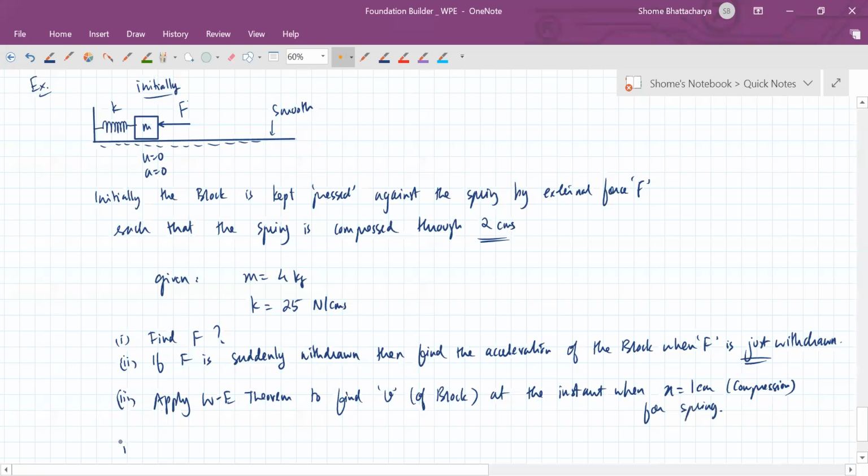And fourth, find the speed of the block when it loses contact with the spring.